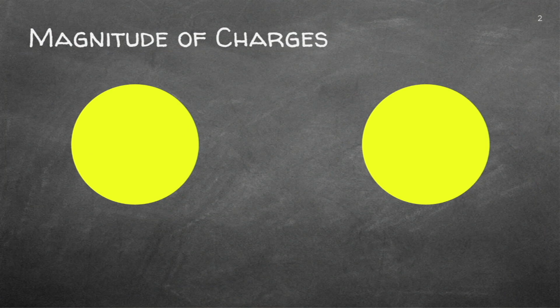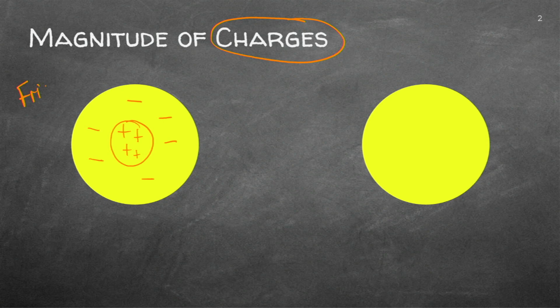So we know there's charges. As you recall, you've got protons inside the nucleus of an atom, and an atom will have electrons on the outside. So we've got charges on the inside and the outside, and atoms will be neutral. What happened in grade 10 is that we showed you if we have the force of friction and we wipe against certain objects, there'll be a transfer of electrons.